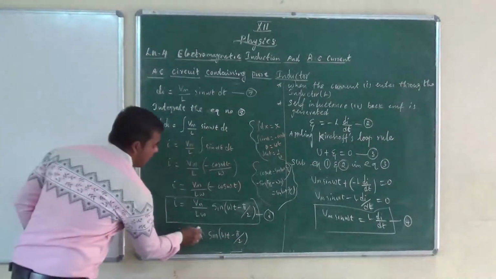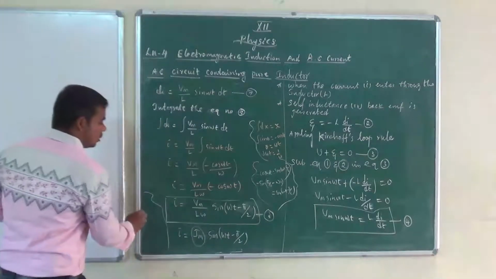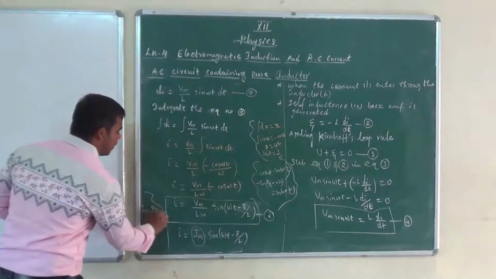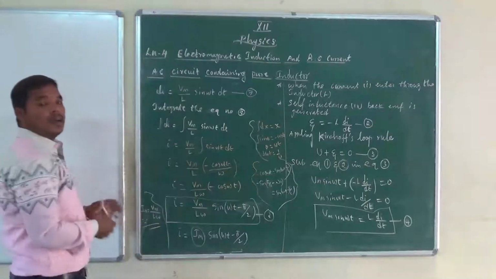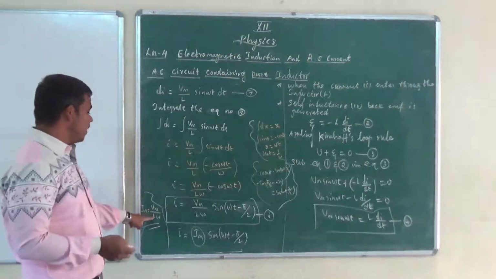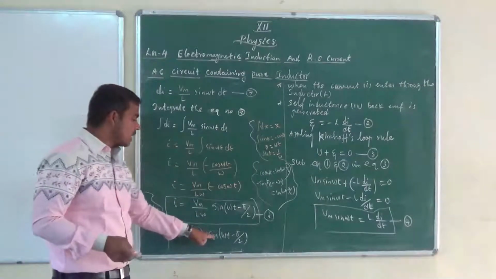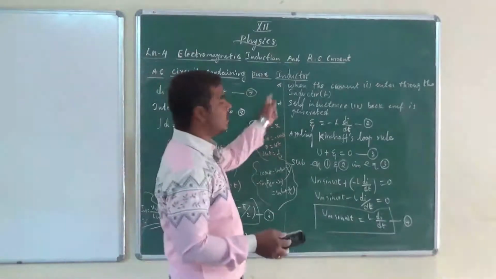How did I come to this? Here Im, the maximum current, equals Vm divided by L omega, which is an important factor. Instead of Vm divided by L omega, I write Im sin omega t minus pi by 2.